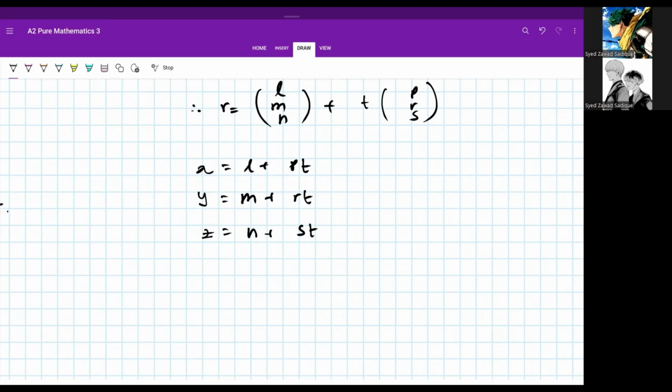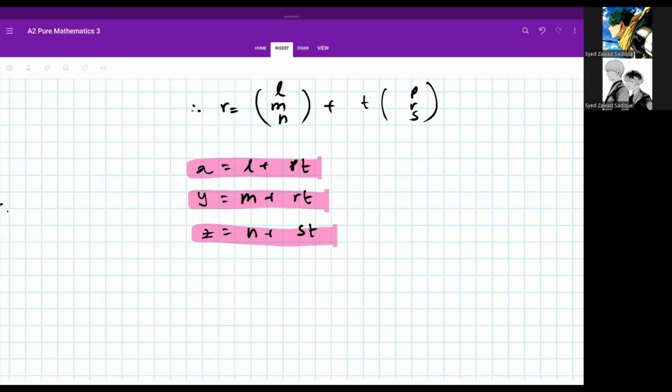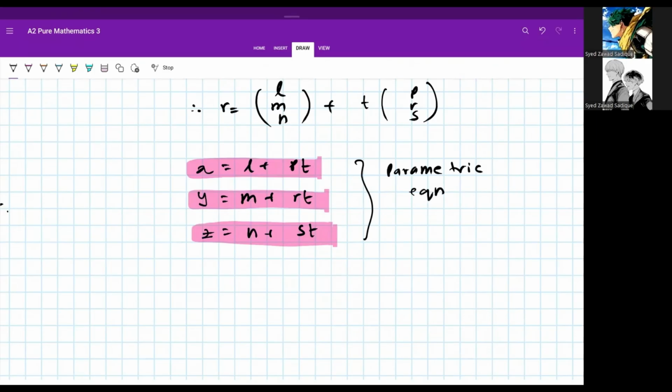Now these are your parametric equations that you can later on use. Nice. Okay.